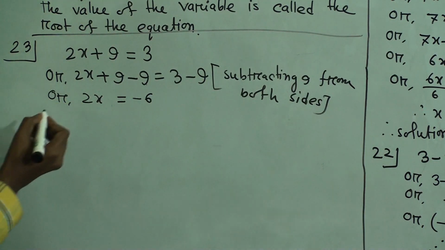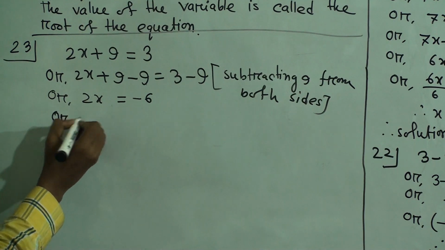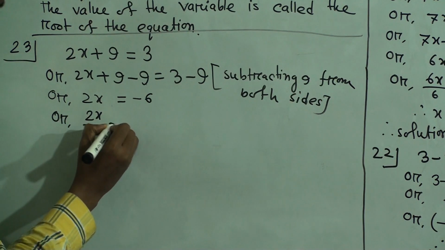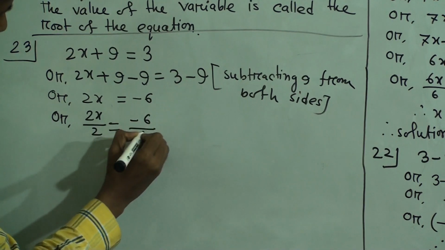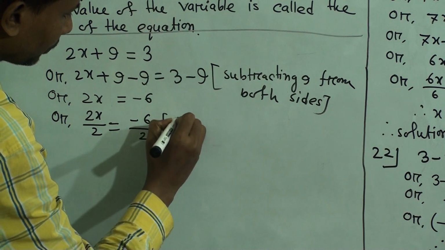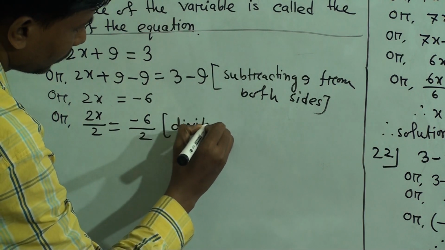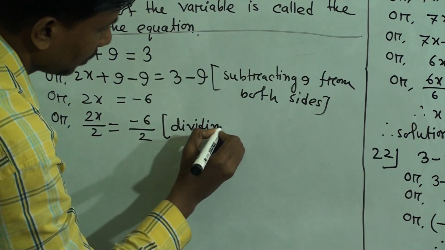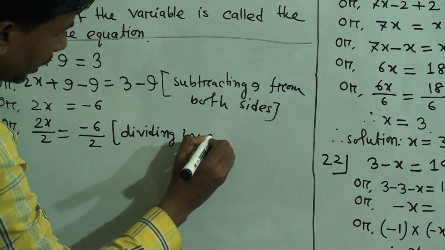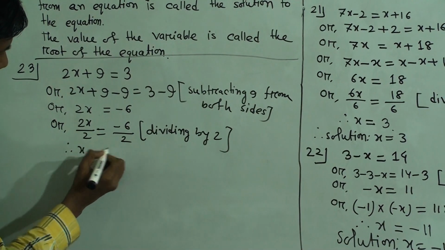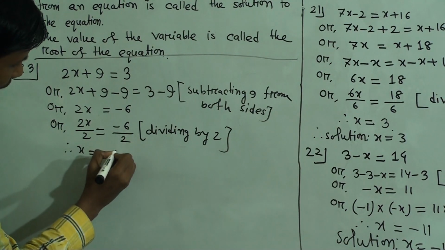Yes, the coefficient is 2, so divide by 2: minus 6 by 2. Right here, dividing by 2. Therefore x, if you divide 6 by 2, then you get what?